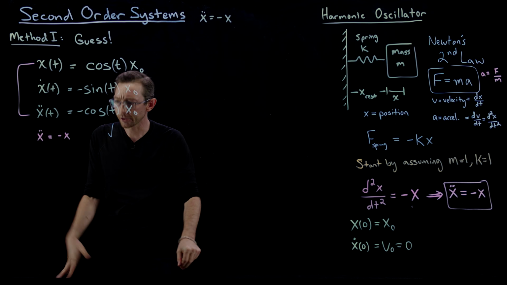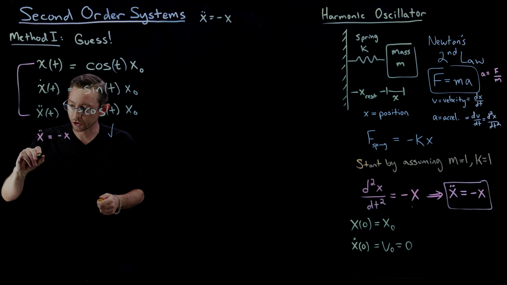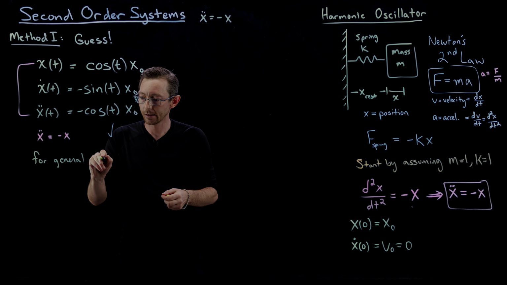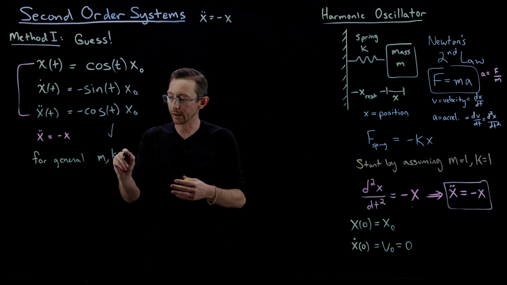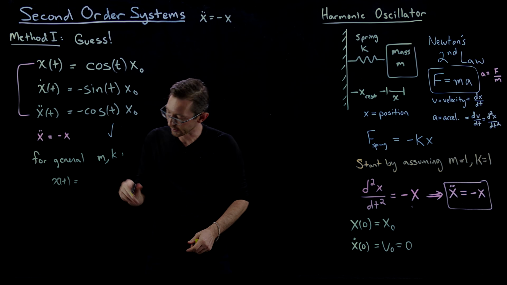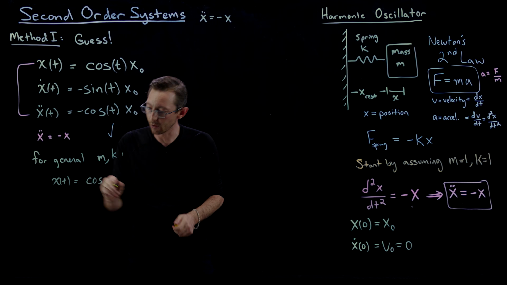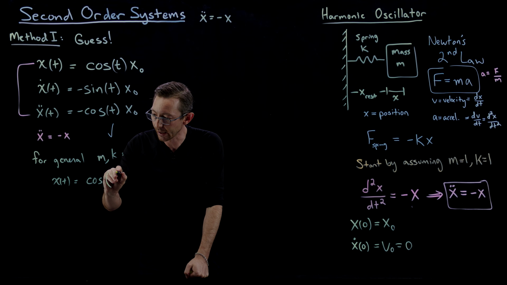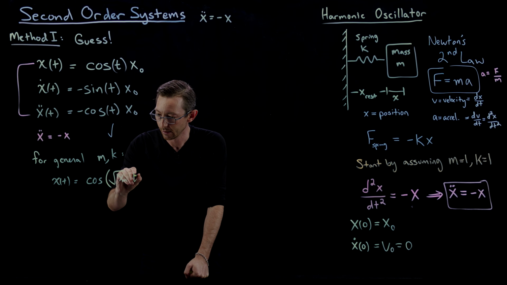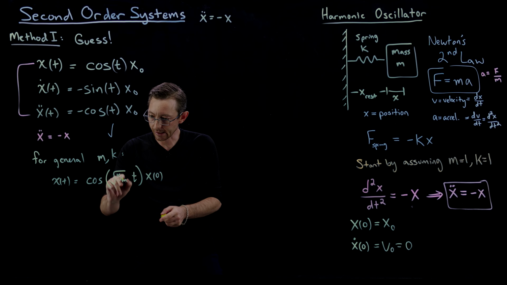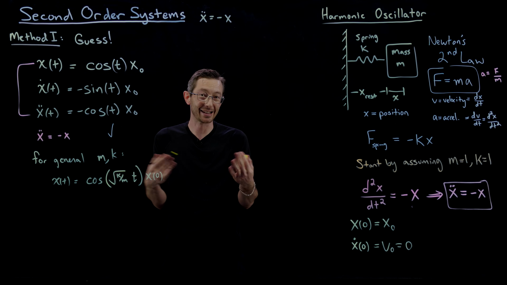And I'll just write down that, for general mass and k, you're going to get specifically that x of t equals cosine of root k over m t times x naught, where essentially this square root of k over m is like the natural frequency.